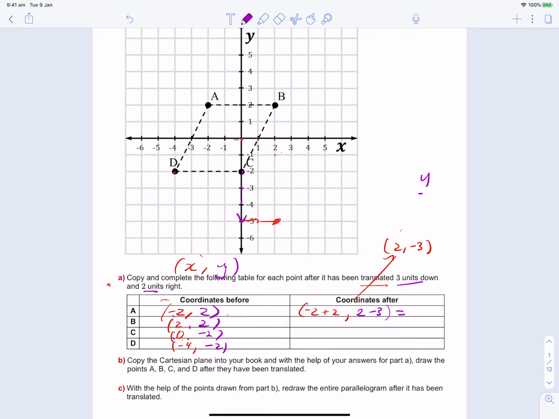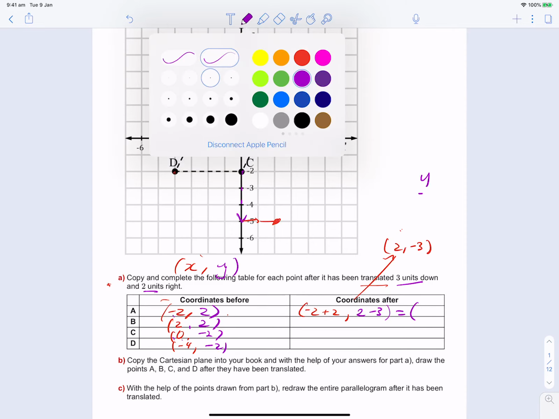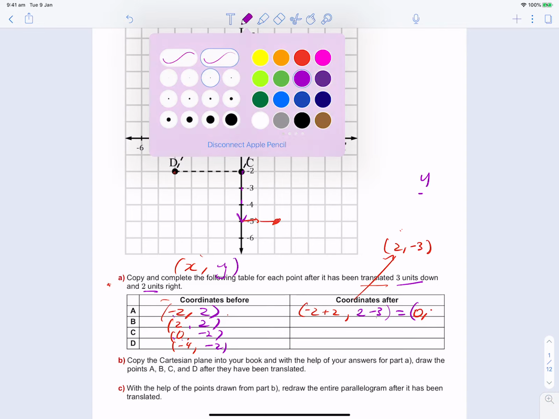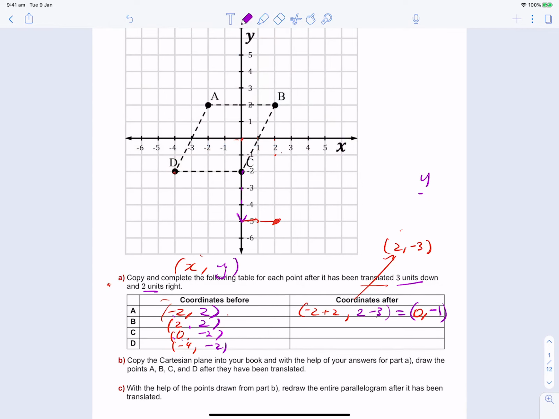And then I work out what that equals. So I'm going to have -2 + 2, which equals 0, and 2 - 3 equals -1. That's the new location of my point.